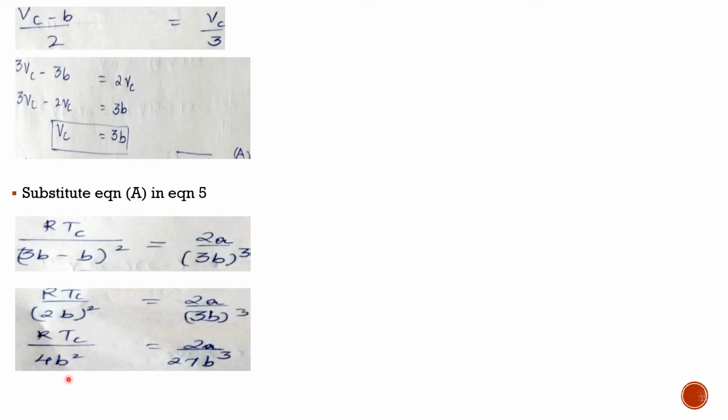So RTc upon 4b square is equal to 2a upon 27b cube. We get Tc is equal to 8ab square upon 27Rb cube, and hence Tc, the critical temperature, is 8a upon 27bR.